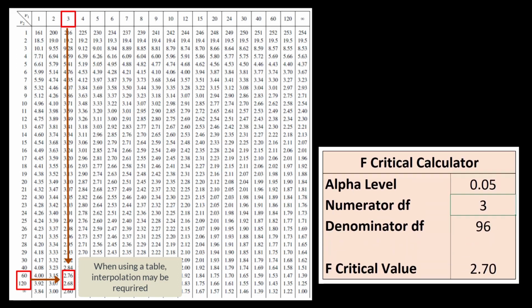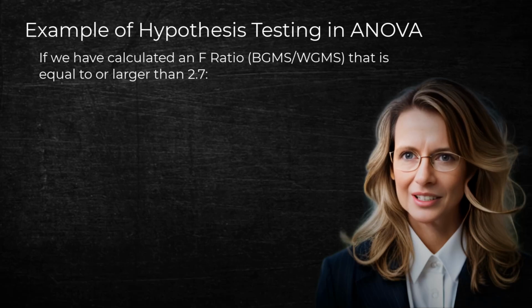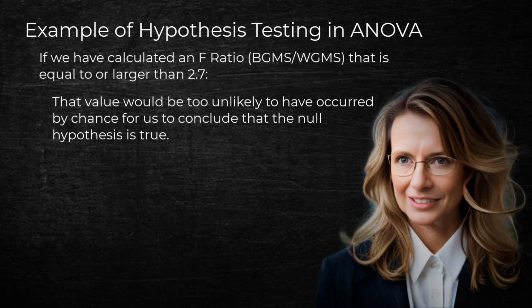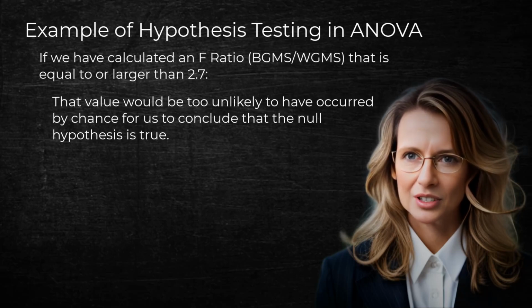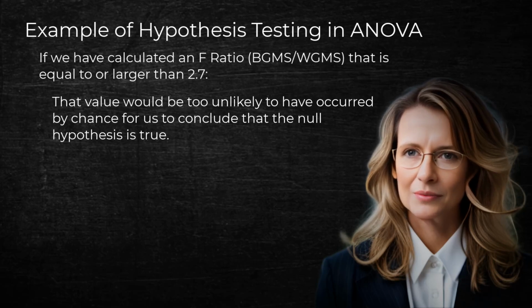This indicates that when the null hypothesis is true, F ratios equal to or larger than 2.7 will only occur by chance 5% of the time or less. So if we have calculated an F ratio that is equal to or larger than 2.7, that value is too unlikely to have occurred simply by chance for us to conclude that the null hypothesis is true.